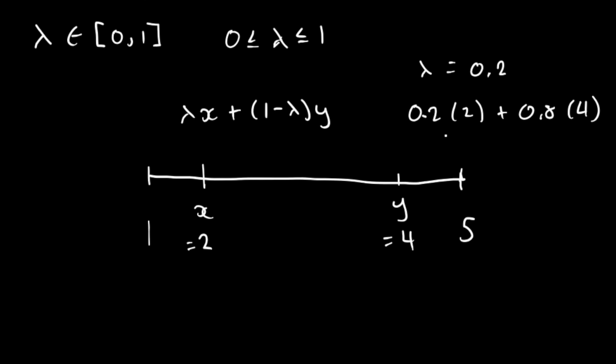Which means our linear combination, with lambda equaling 0.2, y equaling 4, x equaling 2, is going to equal 3.6, which is what happens when you just plug all these numbers into this right here.